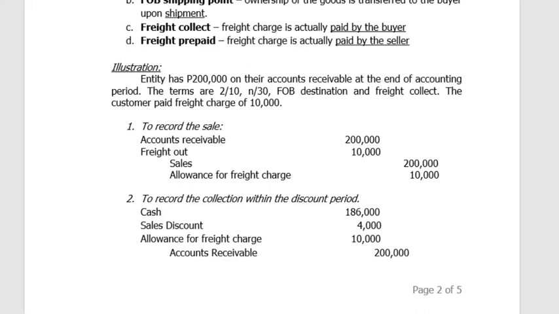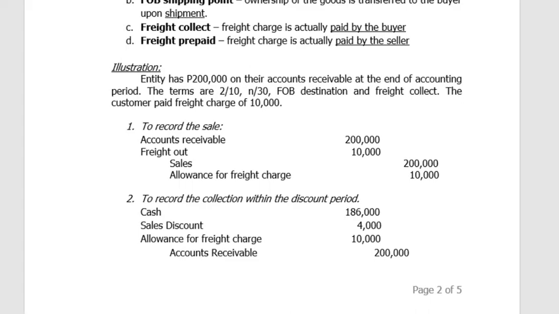Ang sabi, 2/10, so 2% ang discount. So 2% of 200,000 is 4,000. So you debit sales discount. Next, allowance for freight charge. Remember, yung allowance for freight charge na sinet up mo kanina, it will be deducted dahil yan ay binayaran ni buyer. So, you debit allowance for freight charge 10,000 to eliminate the allowance.